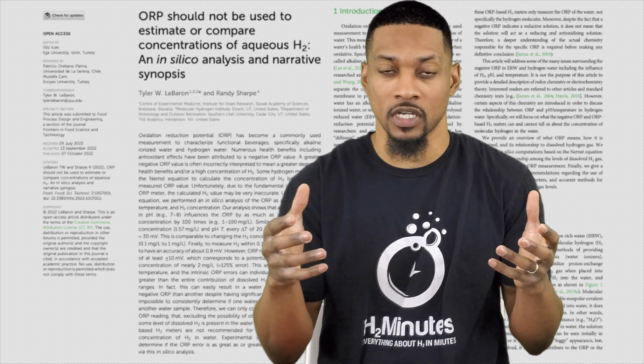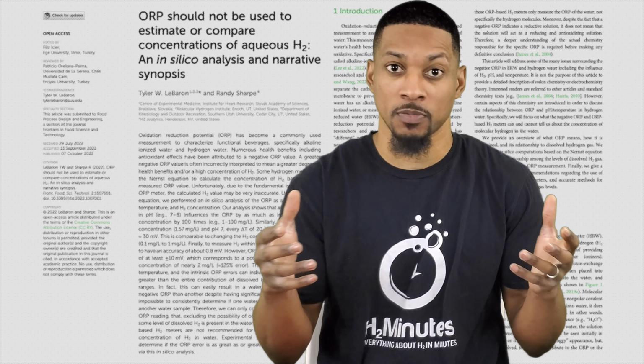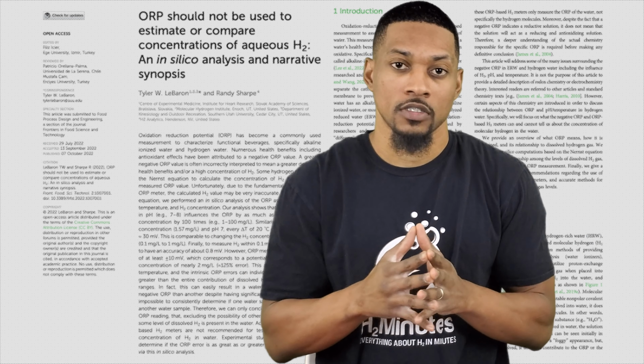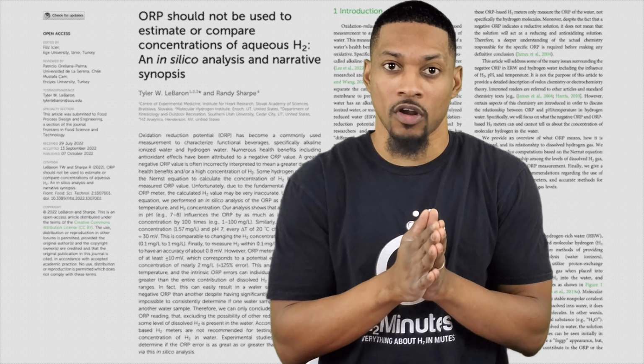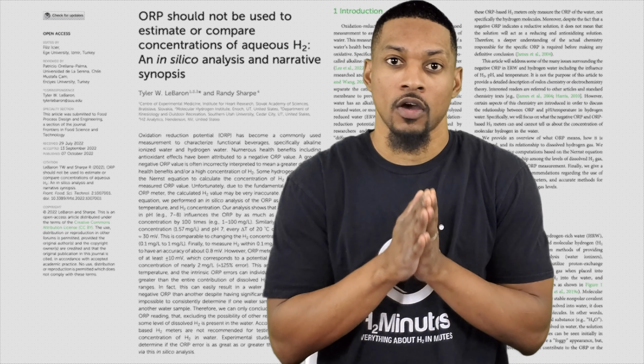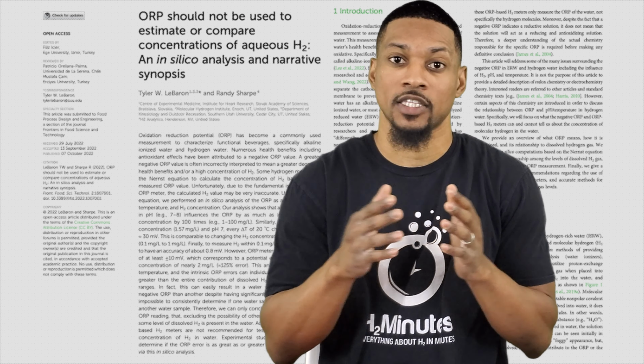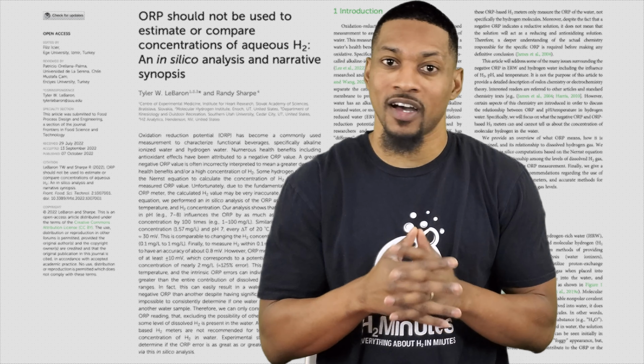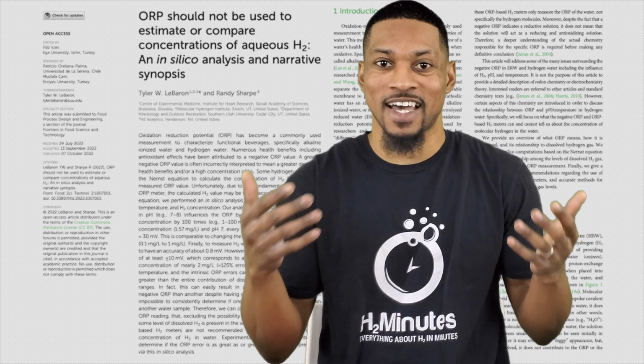So basically reducing agents like any other antioxidants that could be present in the water, vitamin C and things of that nature. So as long as you can ensure that the water doesn't have anything else like that, ORP can be used to detect the presence of dissolved hydrogen gas in water, which is cool. But other than that, basically, it is not a helpful tool.